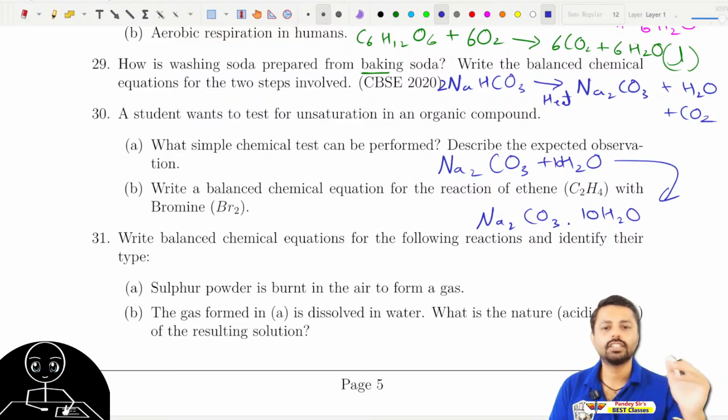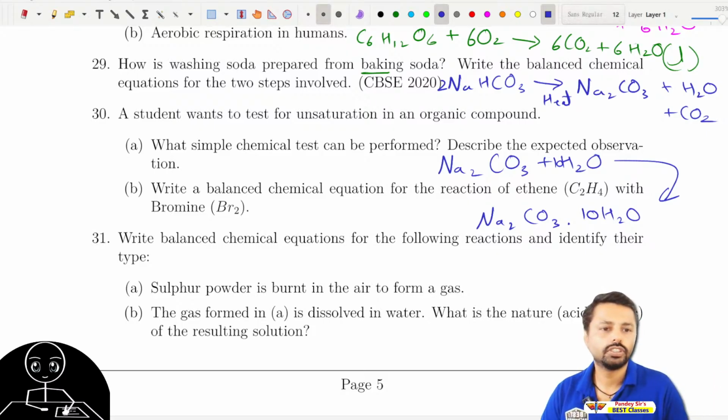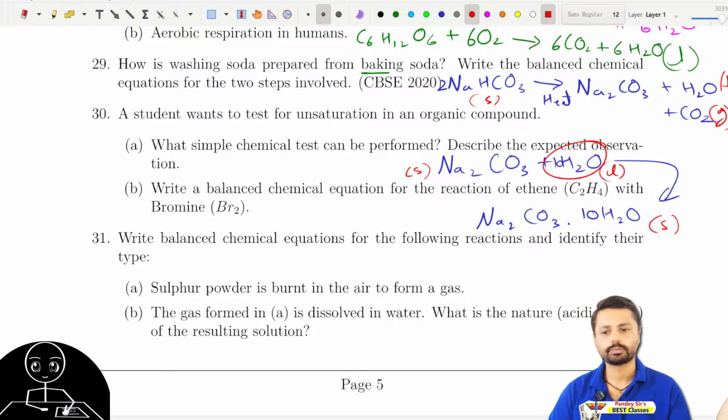Yes, you can mention the states like solid, gas, likewise. So this will be solid. This is solid. This is also solid. This is solid. This is liquid. Water is liquid, obviously. And this is gas.